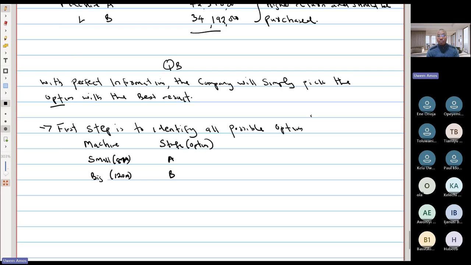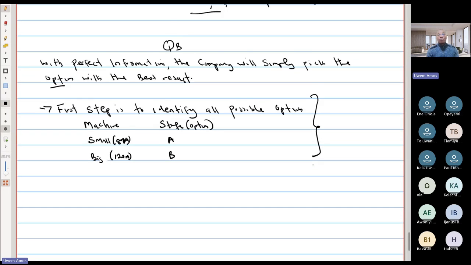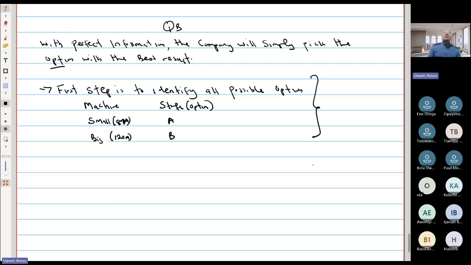Now, what are all the possible options? Let's pay attention. We'll do all the possible combinations. You might buy the small machine and state A would happen. That's one option. You might also buy the small machine, and instead of state A happening, state B will happen.